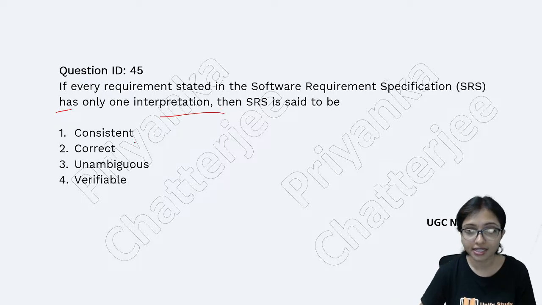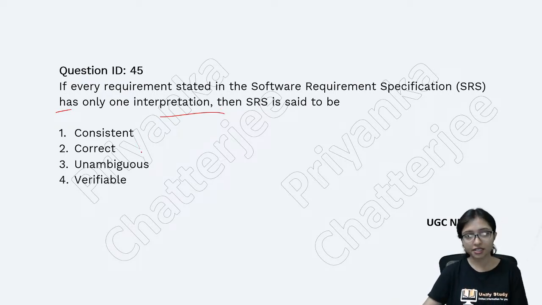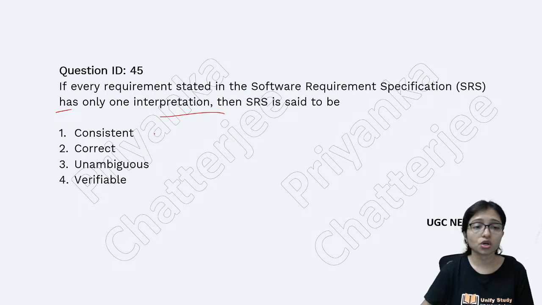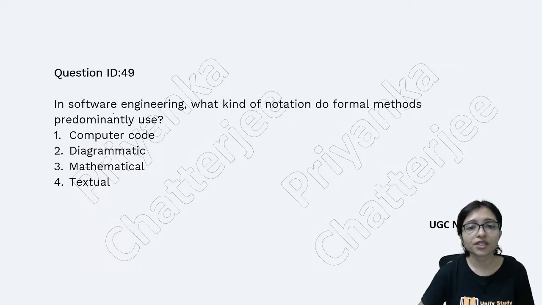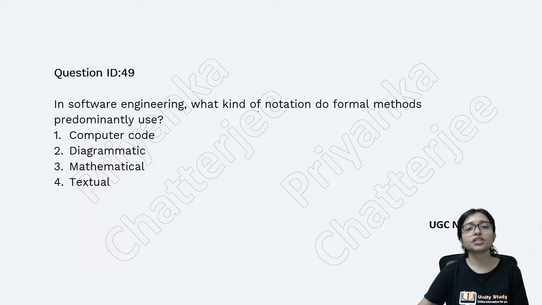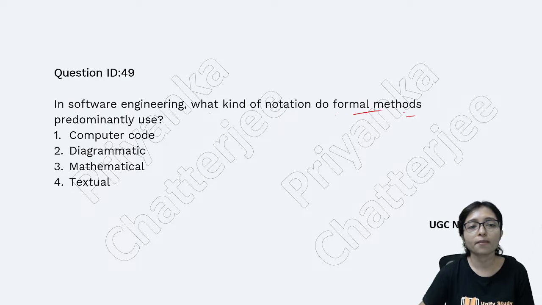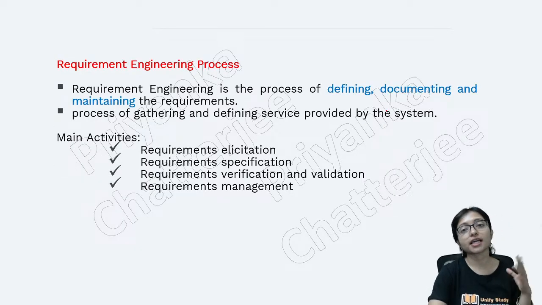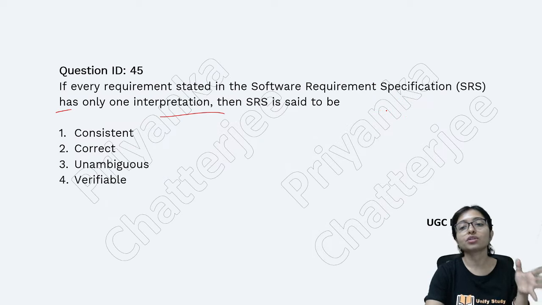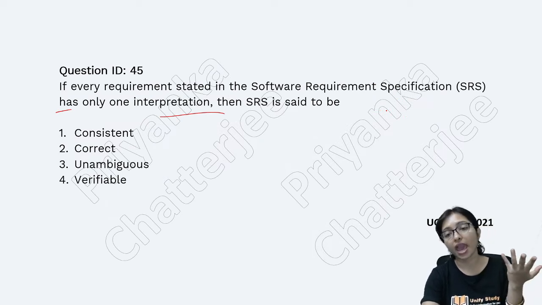Is it consistent, unambiguous, or verifiable? Next question: in software engineering, what kind of notation do formal methods use? Computer code, diagrammatic, mathematical or textual?